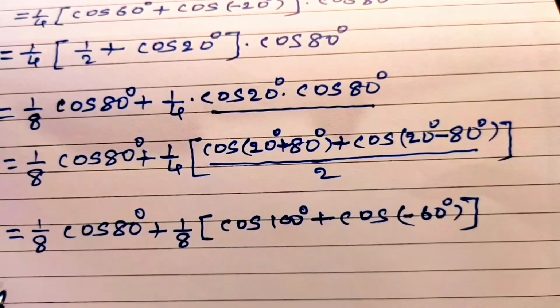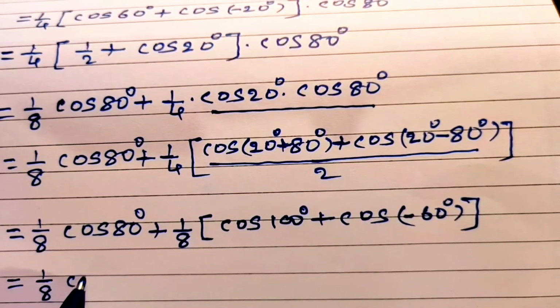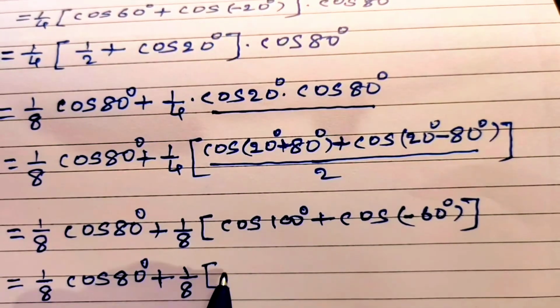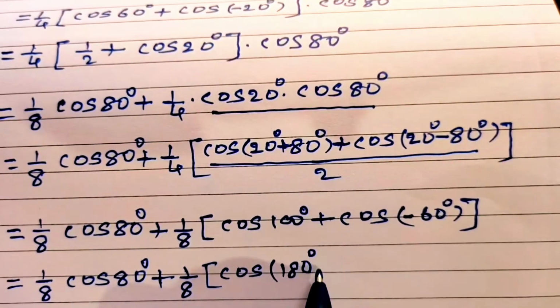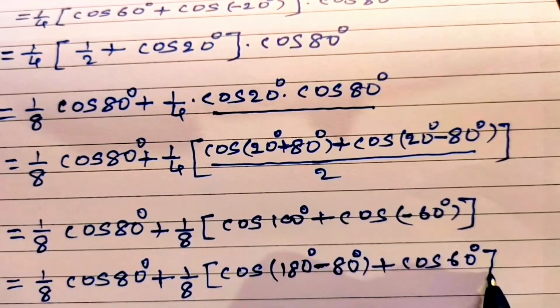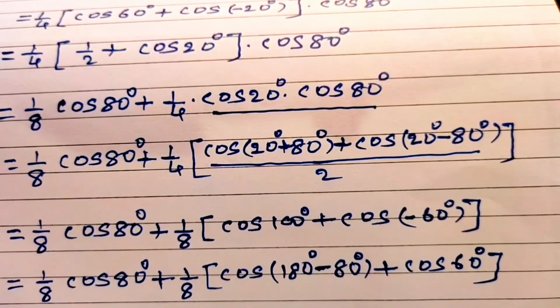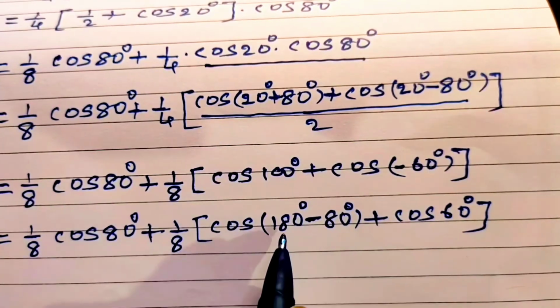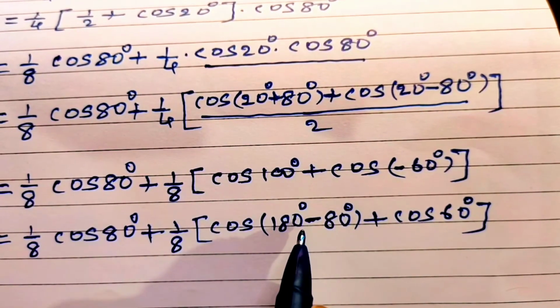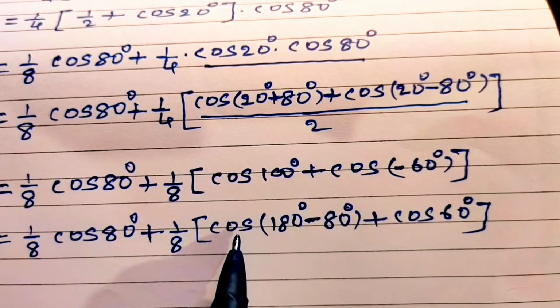So this is equal to 1 upon 8 cos of 80 degree plus 1 upon 8 cos of 180 degree minus 80 degree plus cos 60 degree. Bracket close. So cos 60 degree is half, and 180 degree minus 80 degree means this angle lies in the second quadrant, and in the second quadrant the cosine ratio is negative.